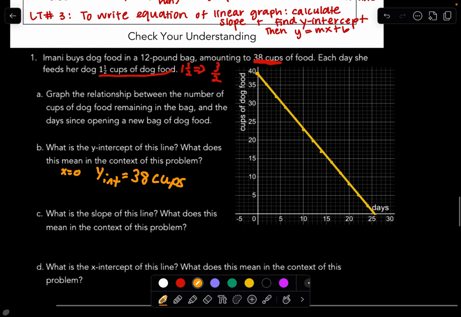Okay. What does this mean in the context of this problem? A bag starts with 38 cups in it.